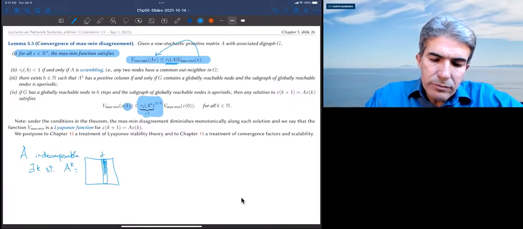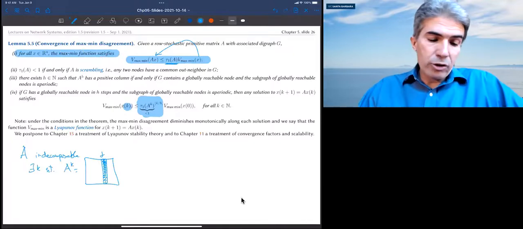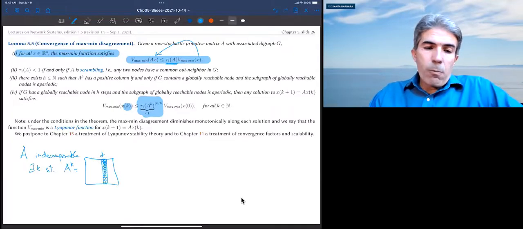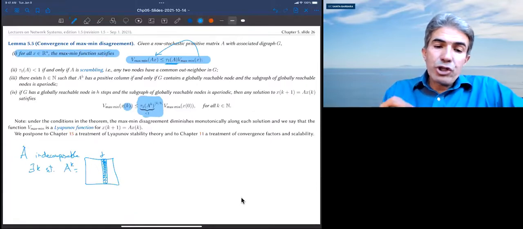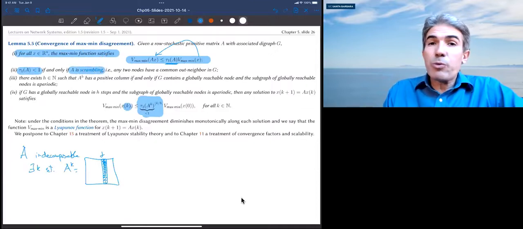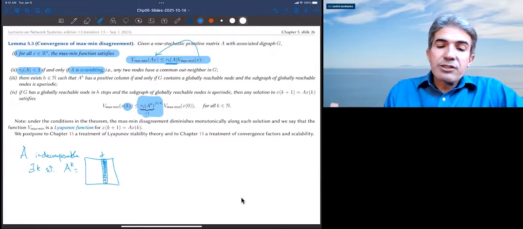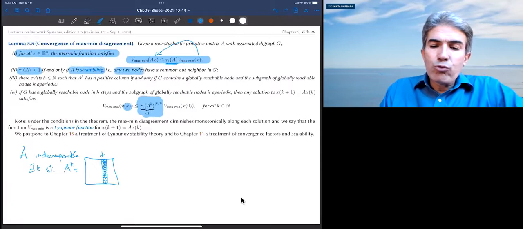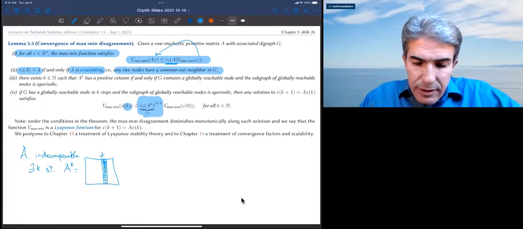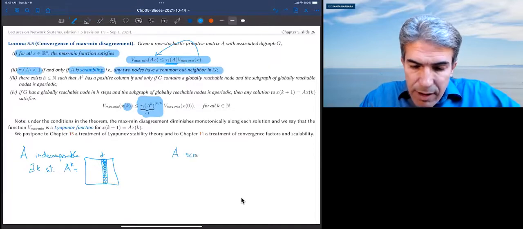So a node is globally reachable by all other nodes. Now, here the condition is that tau 1 of A is strictly less than 1 if and only if A is scrambling, which is another property we haven't discussed.